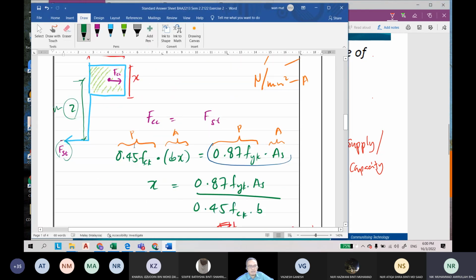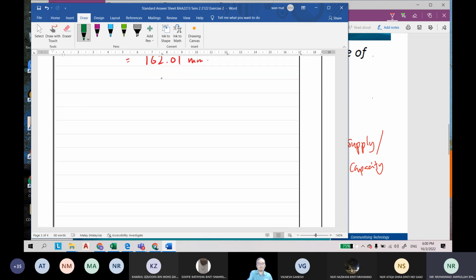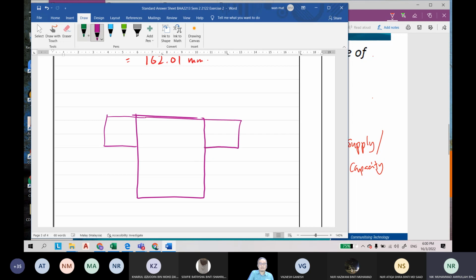And in our last final exam questions, the section is like this one, right? T shape, and there is a void, right? This one is quite confusing on how to determine the area here.